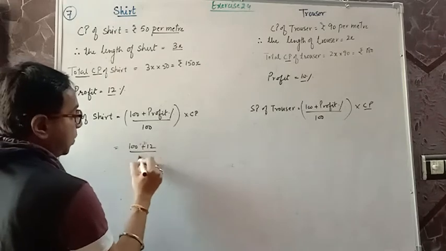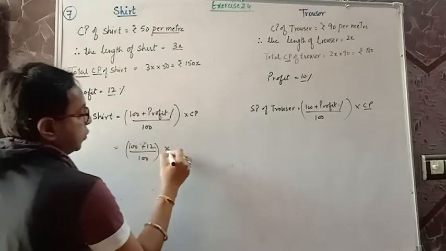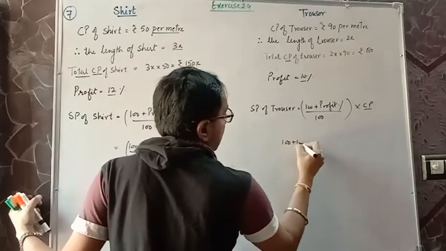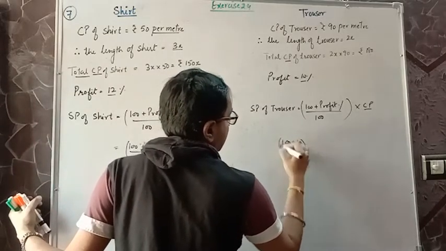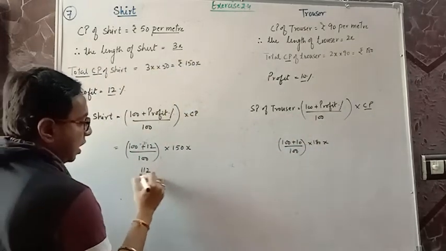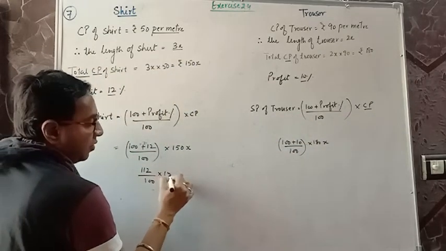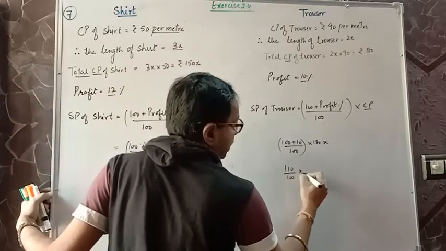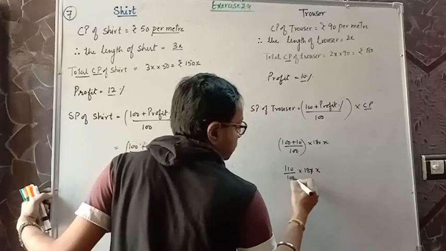(100 plus 12) upon 100 into 150x. (100 plus 10) upon 100 into 180x. Solve it and get the answer. 112 upon 100 into 150x. 110 upon 100 into 180x. The zeros cancel.